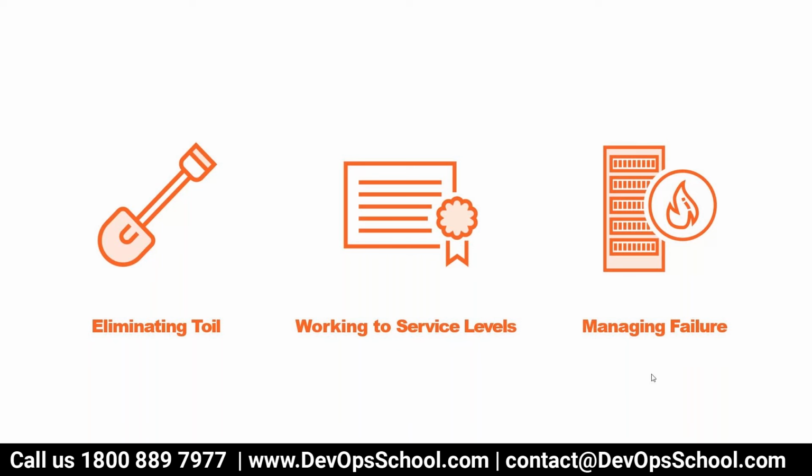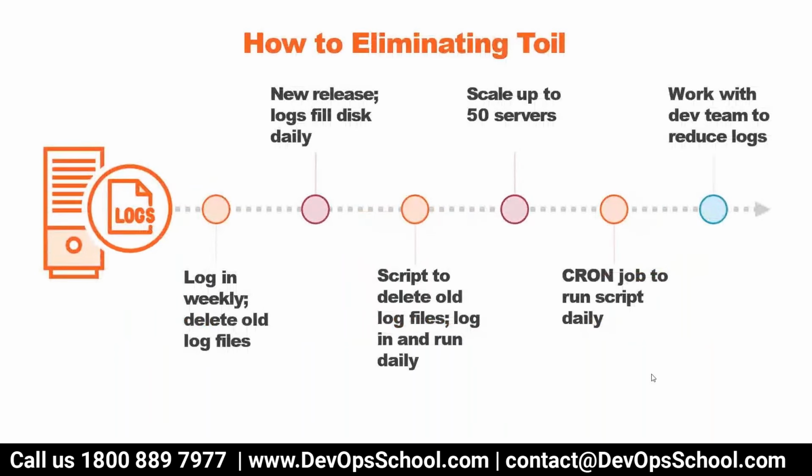Second, make sure that all the alerting, monitoring, and SLA, SLI, SLO are in check. And third, whatever problems you get, follow the right practices and processes to mitigate them and then come up with the postmortem and RCA, whatever it is. So how to eliminate toil, that is important.